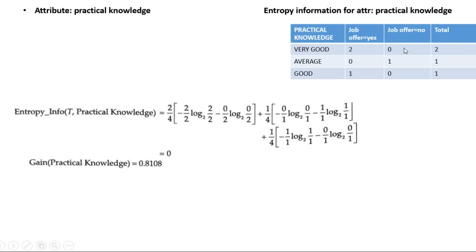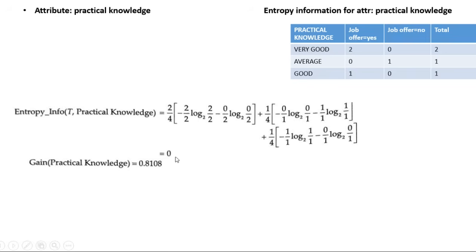So 2 by 4, because I have totally 2 cases here, 2 by 4 minus 2 by 2 log of 2 by 2 minus 0 by 2 log of 0 by 2. Then plus 1 by 4, because the total number of cases here is 1 and the total is 4. So 1 by 4 minus 0 by 1 log of 0 by 1 minus 1 by 1 log of 1 by 1, plus again 1 by 4 minus 1 by 1 log of 1 by 1 minus 0 by 1 log of 0 by 1.